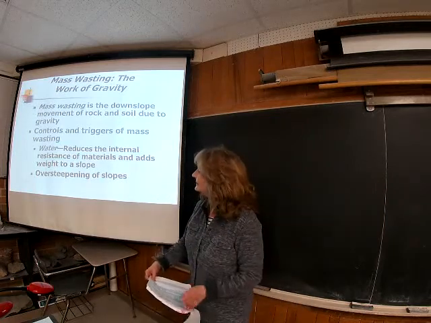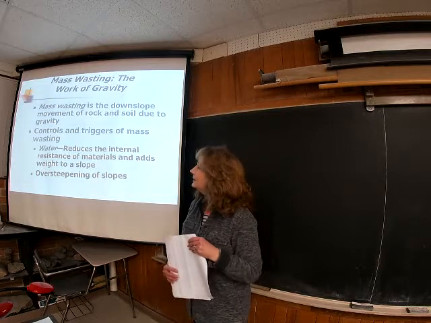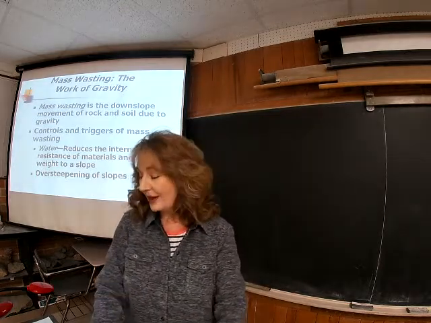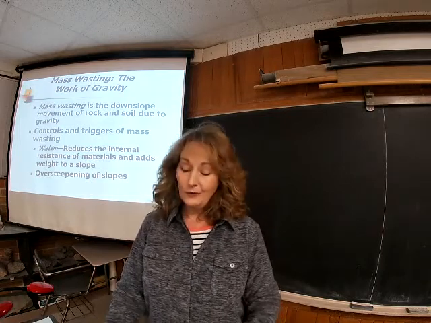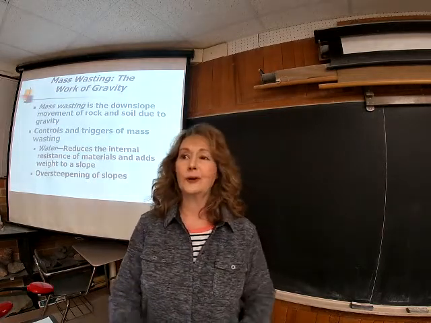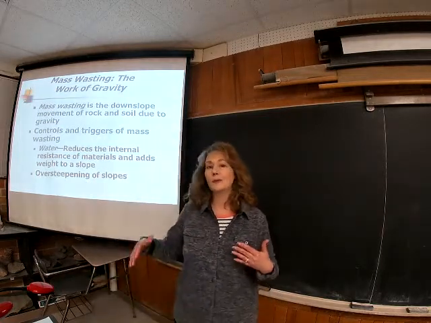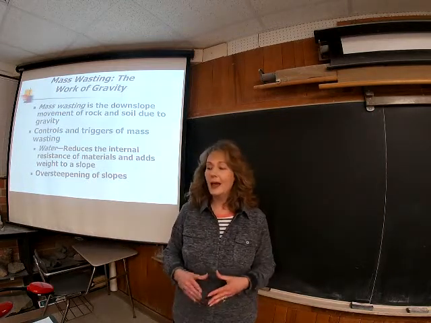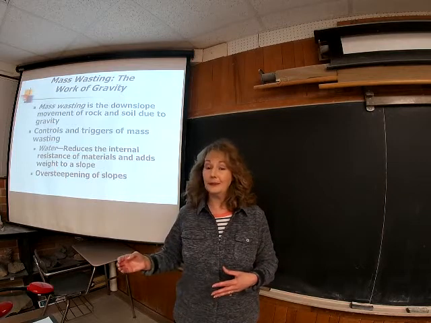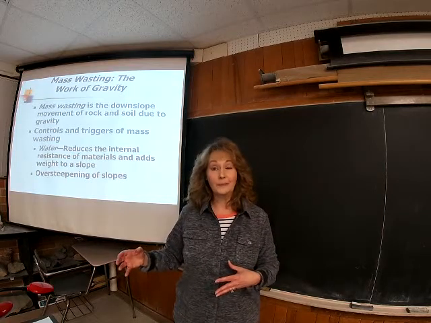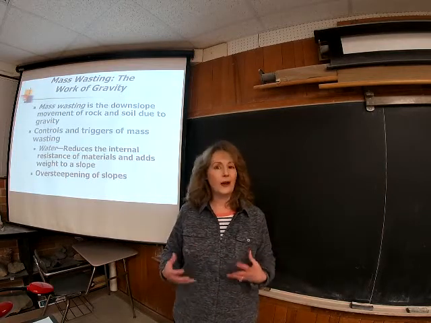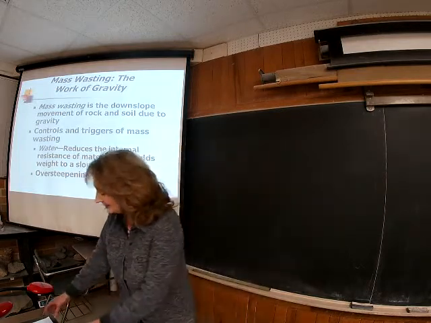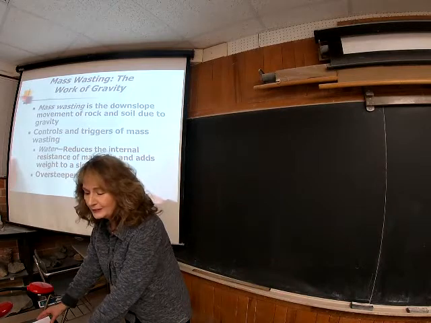And it does add some weight to our sediment, and so of course gravity is going to act on that as well. If you over steepen your slope, so cutting into, say, a road cut when they try to widen a highway, and you over steepen that stable slope, it can no longer handle it, and things will begin to mass waste and slide down under the influence of gravity.